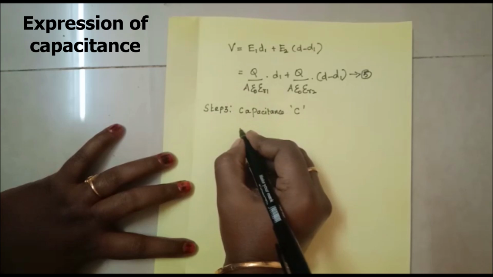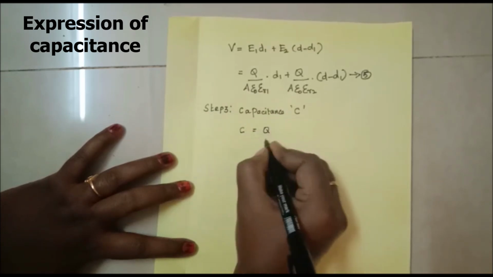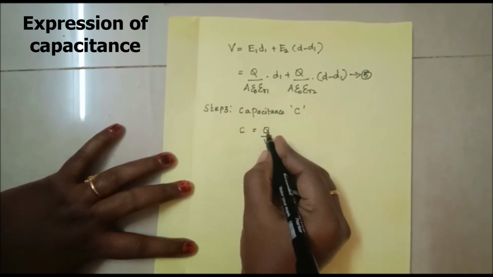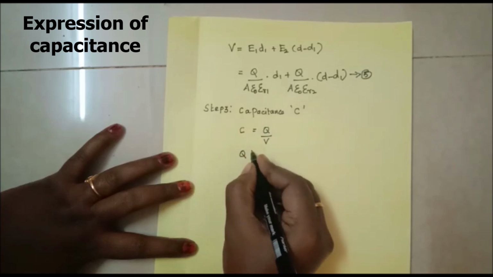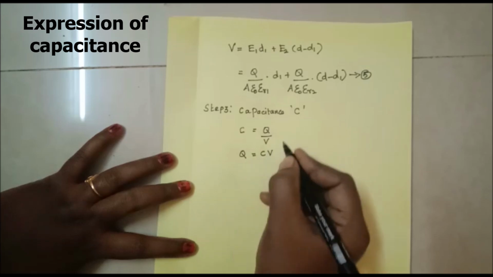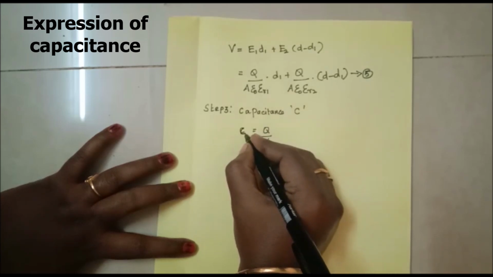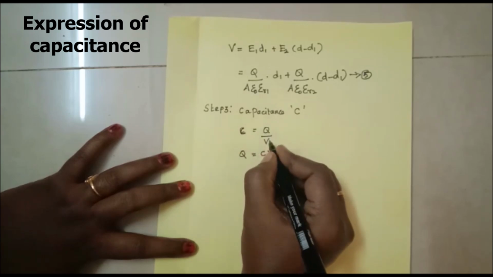We all know that C is equal to Q by V, where Q is the charge and V is the potential. This equation can be derived from the basic expression Q is equal to CV. So this is the basic expression for capacitance, where C is equal to Q by V.